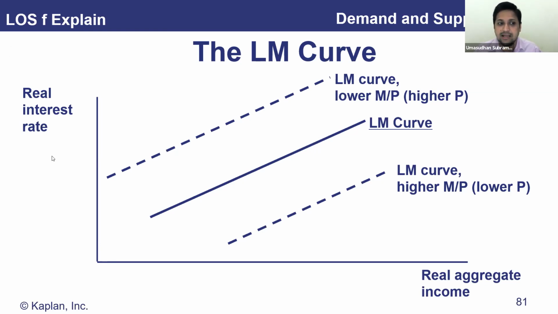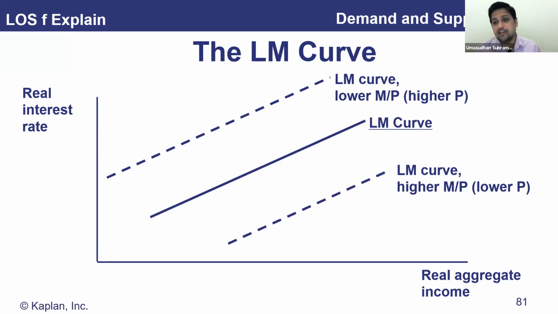Here, what we say is that higher interest rates would mean higher GDP. Why? Because if the interest rate is going to go up, people are going to get more income. Why? In the money market, you invest more money. If you save more money, you're going to get more interest income, isn't it?